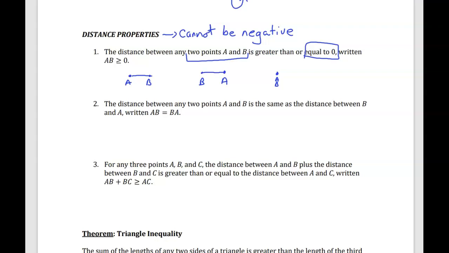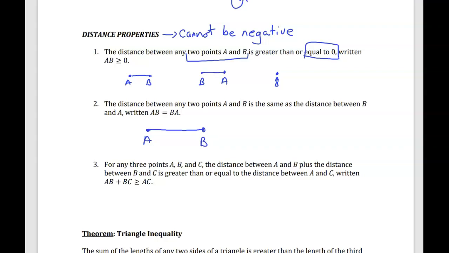Now the distance between any 2 points is the same. So from A to B is the same as from B to A. So again, it doesn't matter which direction I'm going, this distance will always be the same.